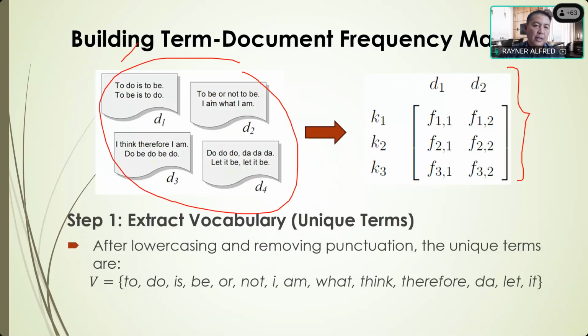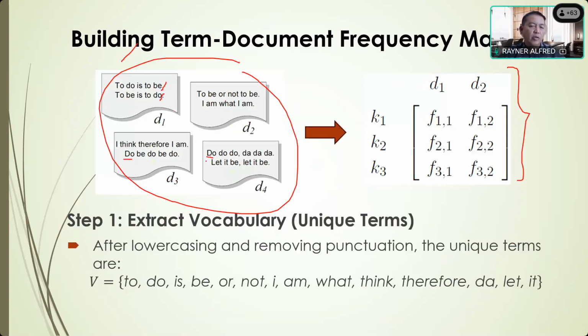But we remove all the punctuation, and we convert capital letters to small letters. Bear in mind that in this example, we treat them as individual terms, but we do not remove the stopwords.